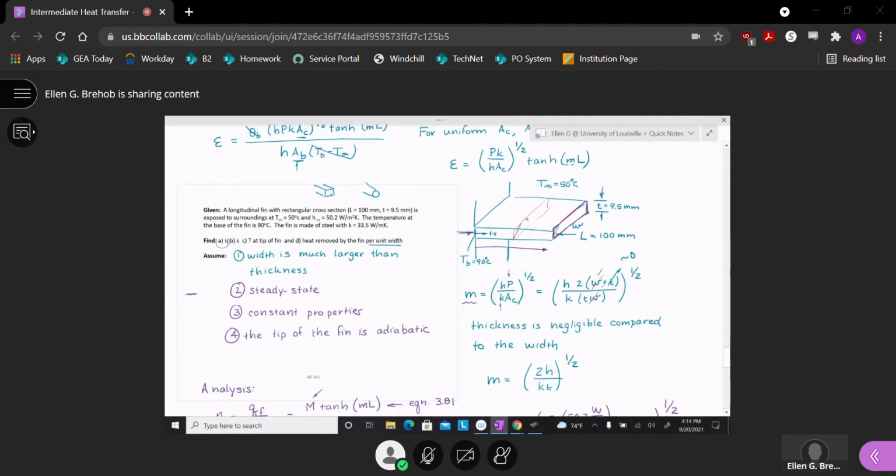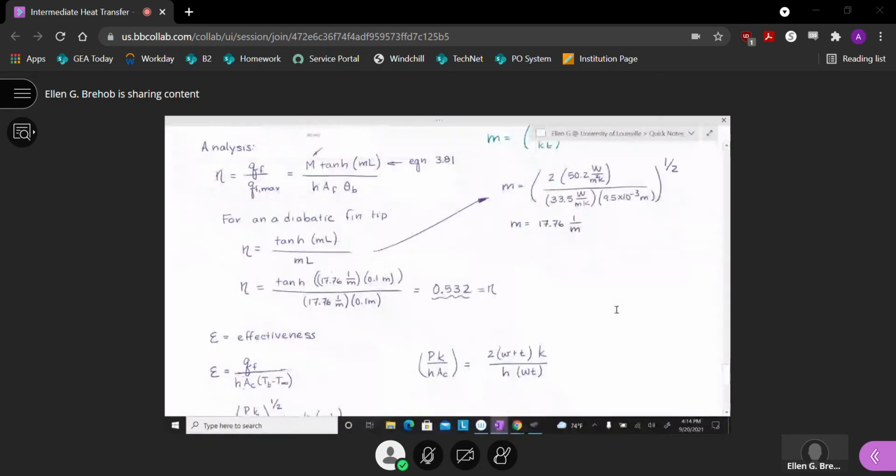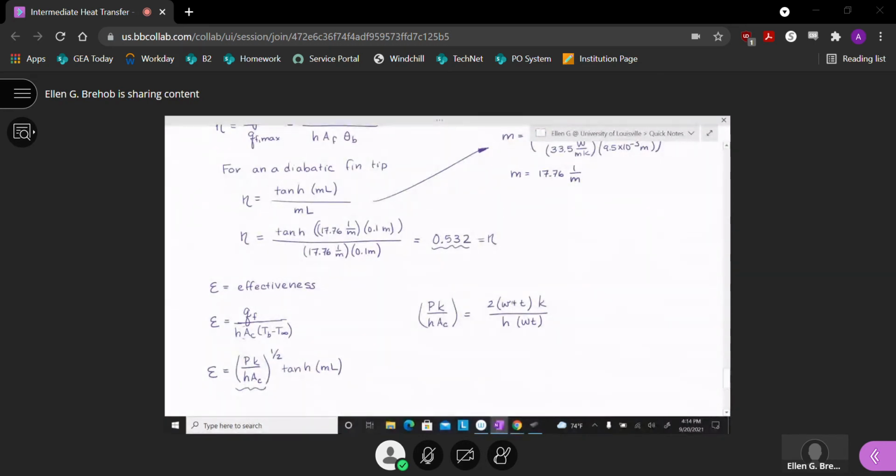And then cross-sectional area is thickness times W. Just like we did the other day, we said the width is going to be really wide in comparison to thickness, so we can drop thickness off. Then we have a W in the numerator and a W in the denominator, and we cancel those out. I have 2k over h t.